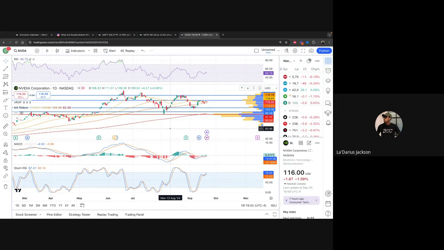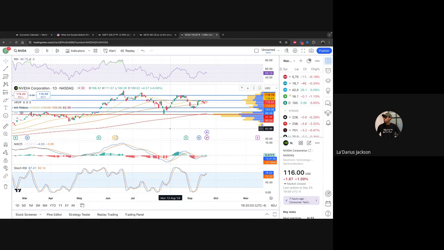People argue with me on social media all the time about NVIDIA because they say NVIDIA is going to 200, and I'm just like, no, it is not going to 200. NVIDIA at 200 puts it at being worth about $5 or $6 trillion as a company, when you have Microsoft and Apple, who've been sitting at $3 trillion for about 2 years.